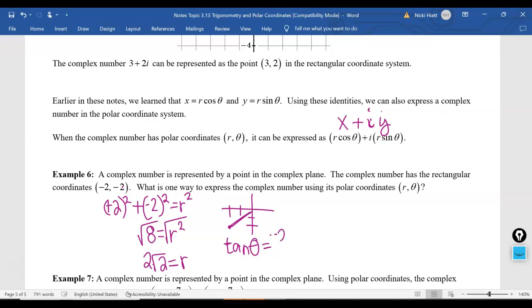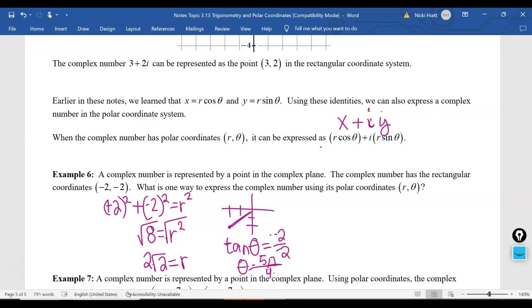So that'd be -2 over -2. So we're thinking about where tangent is going to equal 1, because -2 over -2 is going to give us 1. And so that is going to happen right here at 5 pi over 4.